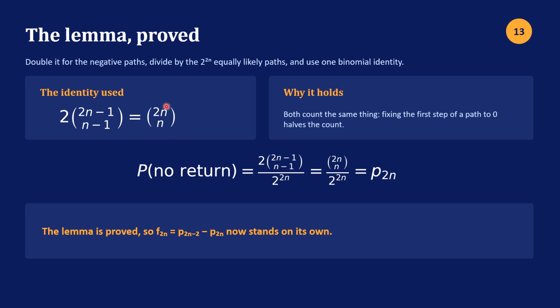Now we want to know the probability of no returns. So we take the total number of paths given 2n steps, that's this number here, and this is the total number of paths that do not return to 0 in 2n steps.